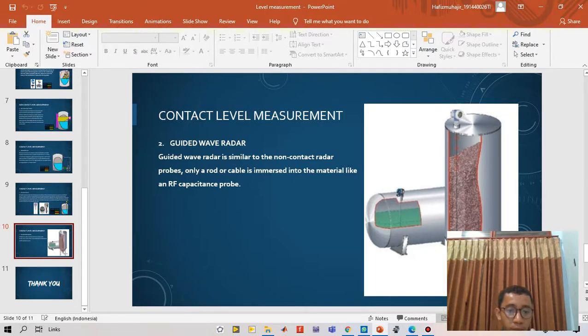Where the rod or cable meets the material to be measured, a wave reflection is generated. The transit time of the wave is used to calculate level very precisely. Unlike an RF capacitance probe, a guided wave radar probe can measure extremely low dielectric material.